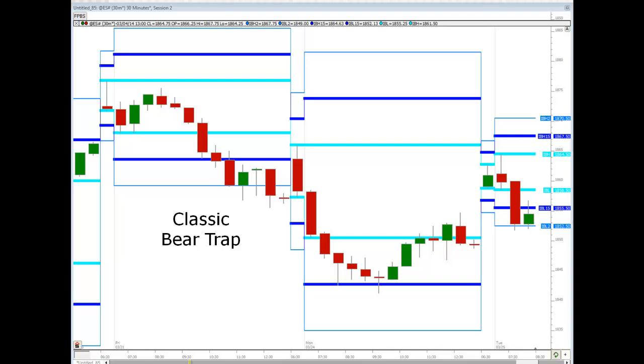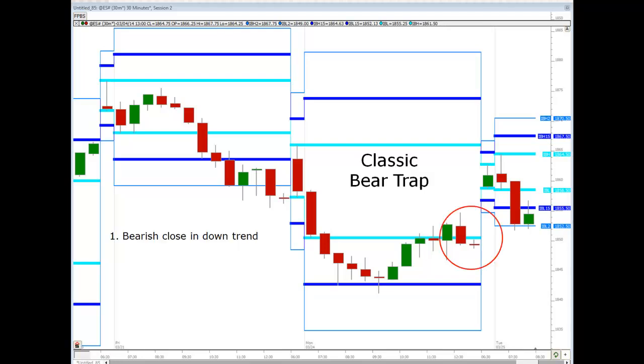And I'm going to share this with you to make you aware of it, because it does happen frequently. These classic bear traps take place often in the market, and they squeeze a lot of people, especially smaller and inexperienced traders. So let's take a look at a behind the scenes look, if you will.